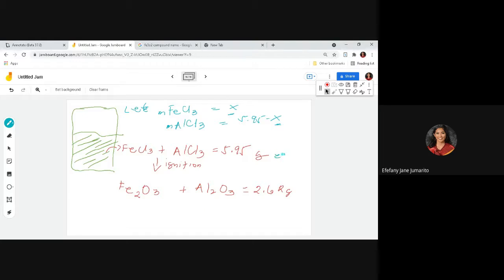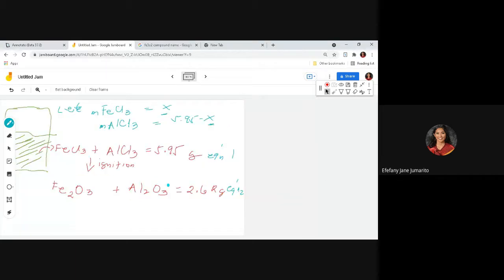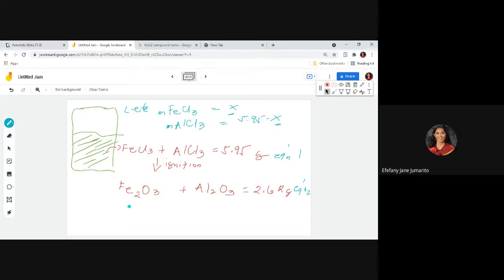We have two equations here, equation 1 and equation 2. In equation 2, we have 2.62 grams, which is equal to X times... Where did the Fe2O3 come from? From our FeCl3.